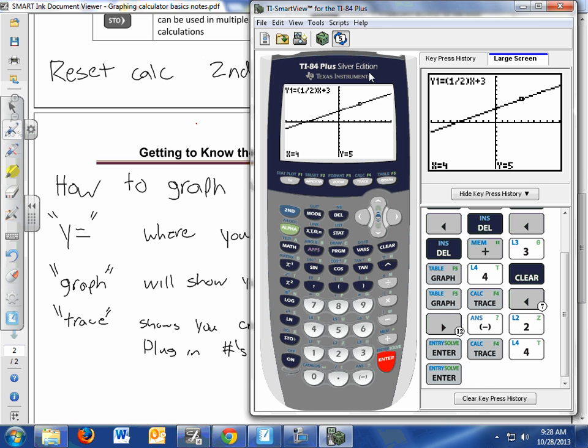You did not type in your thing correctly. So we want the graph of 1/2 x plus 3. That's the graph. Now press trace and 7.2. Good. We should see 6.6 even.